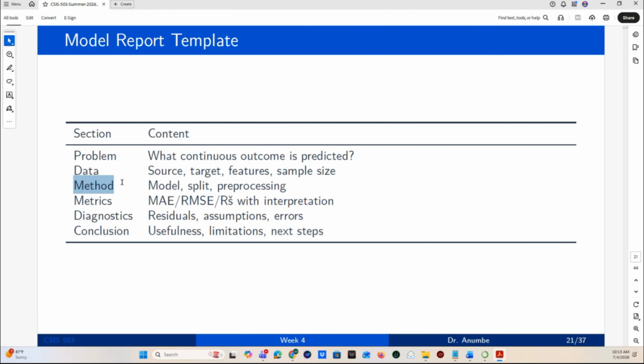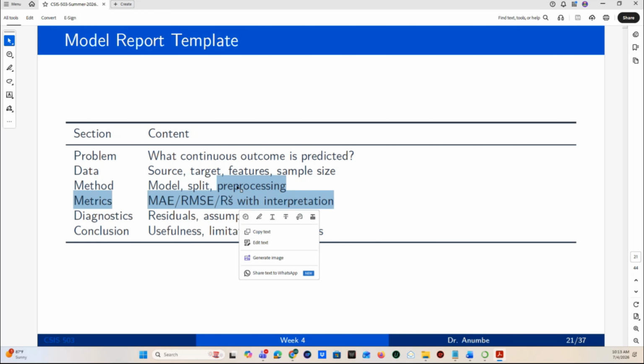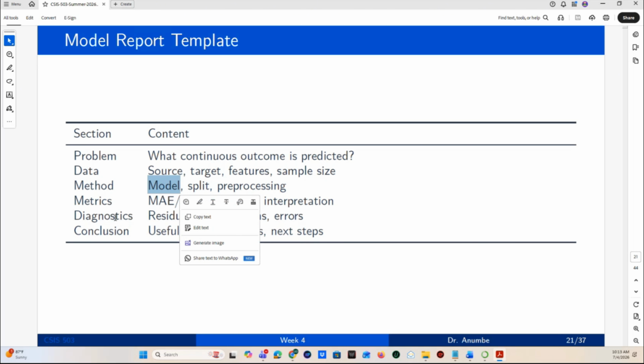Then I'm going to state the method: what model I'm going to choose, how I'm going to split my data, and how I'm going to pre-process that data. Sometimes you might run several models and figure out which is best. In your report, you'll say, I dabbled with this model and that model, but after carefully doing my diagnostics, I chose this particular model.